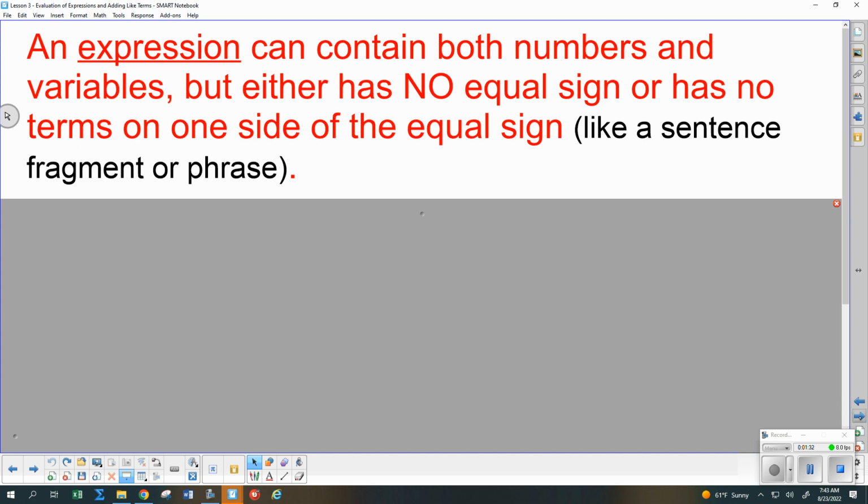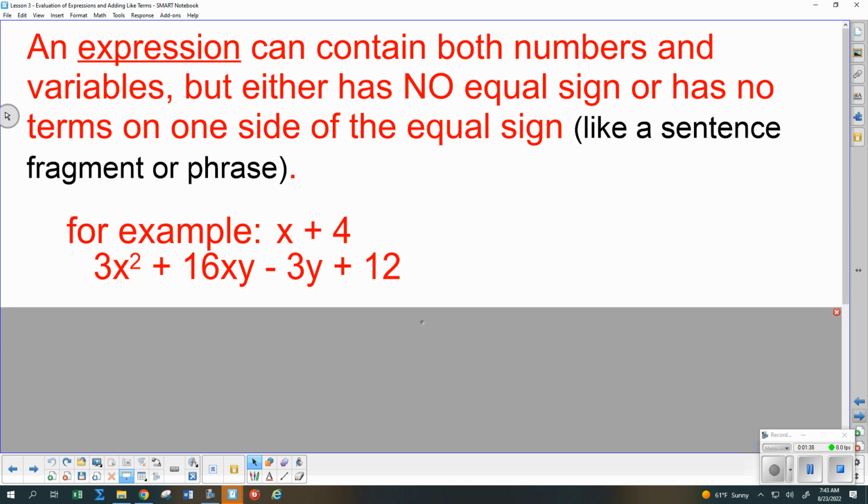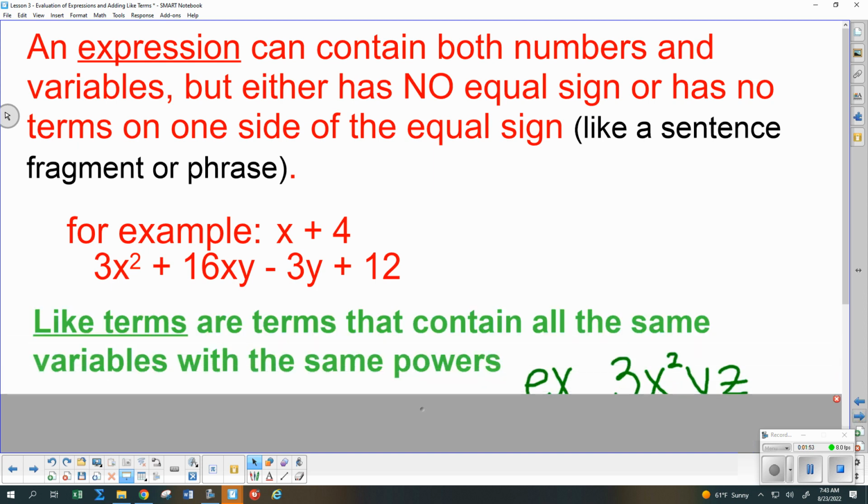So it's kind of like a sentence fragment or just a phrase in your language arts classes. So x plus 4 is an expression. 3x squared plus 16xy minus 3y plus 12, that's an expression. Can't simplify either one of those any farther, but you see what I mean about numbers and letters.